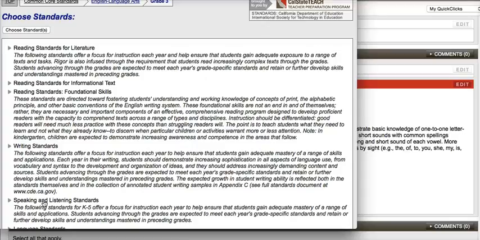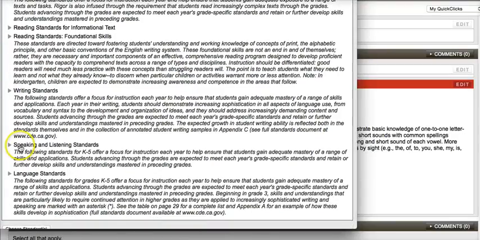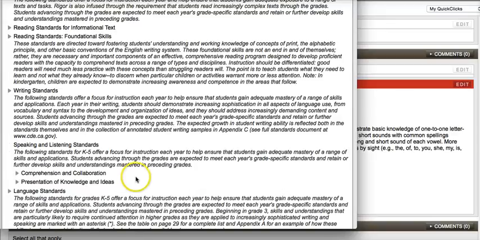So just for today, we're going to keep it simple. And we're just going to say that they're going to be listening and speaking. So in this case, it says in listening and speaking, they're going to have comprehension and collaboration, presentation, and knowledge of ideas.